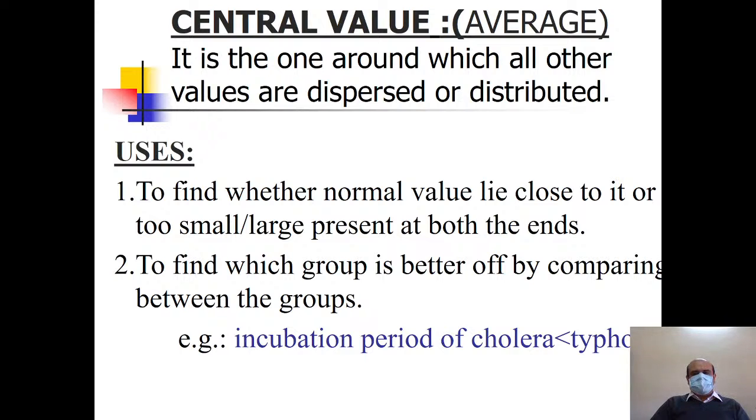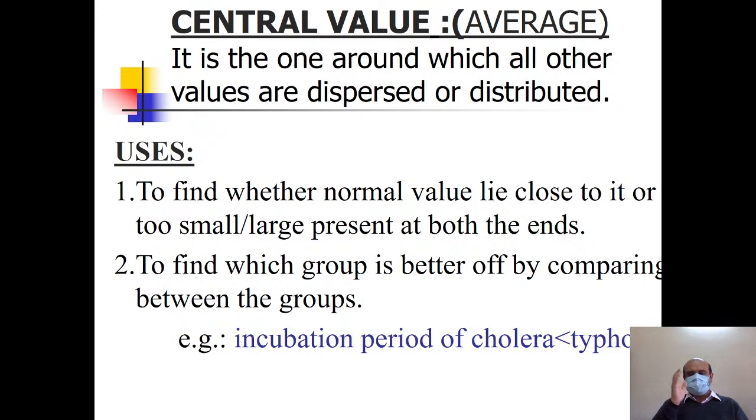If you have blood pressure, for example systolic or diastolic blood pressure, it is a continuous variable. Each and every person will have different blood pressure readings. Blood pressure or hemoglobin is a continuous type of data.